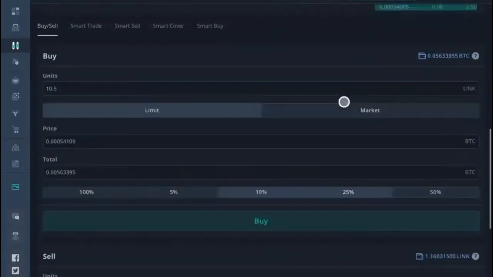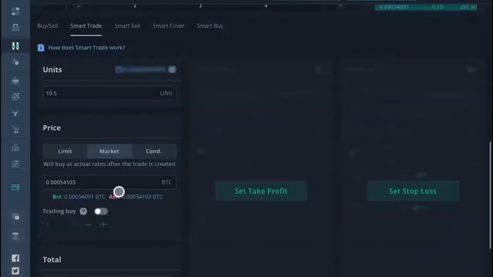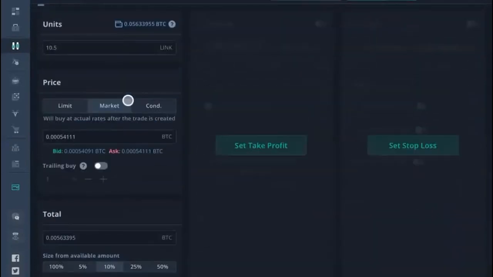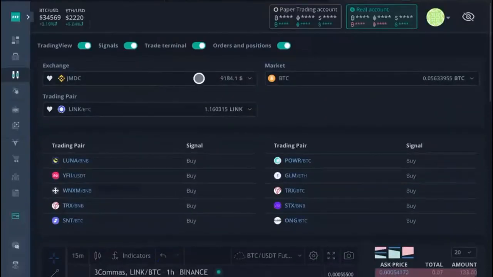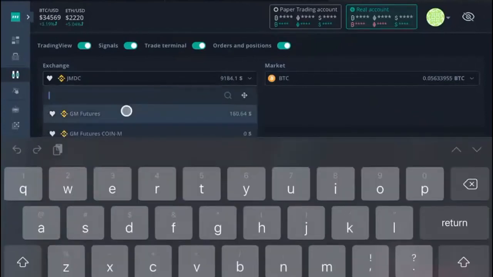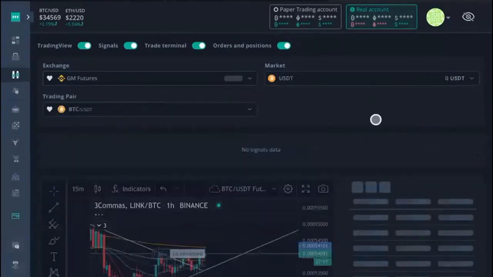So depending upon what exchange you have, there's different leverage amounts. I think for Binance, oh, actually, I'm not even on futures. Let me pull up a futures account real quick, guys. There we go.